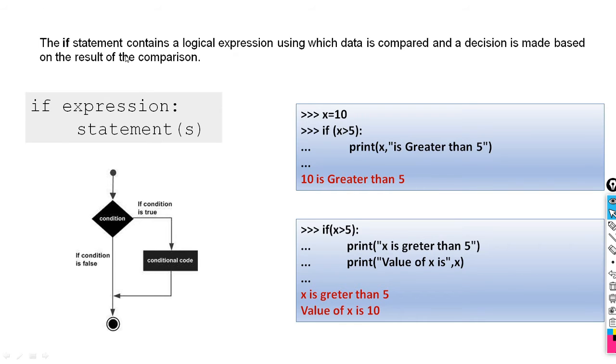The if statement contains a logical expression using which data is compared and a decision is made. The decision can be made on the result of the comparison. Whatever conditional expression we use in if, depending upon that condition, it returns the value either true or false.